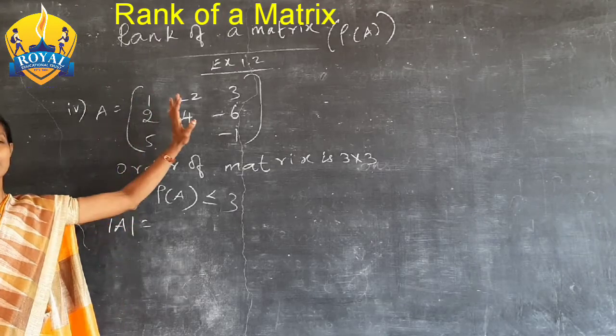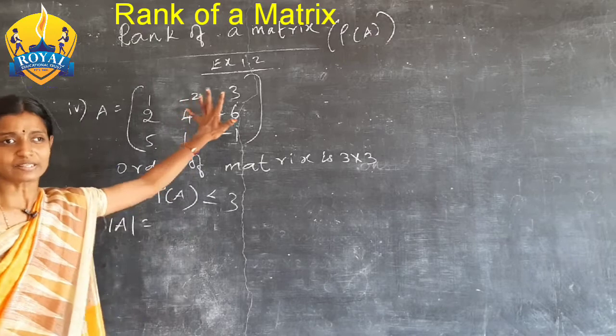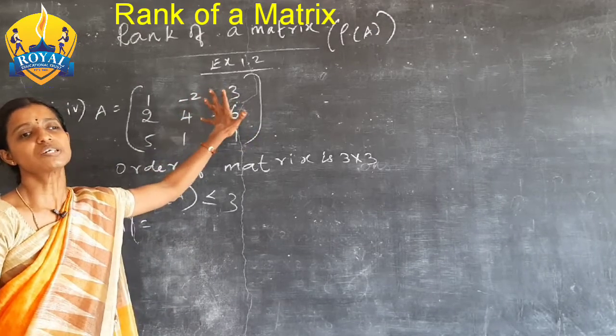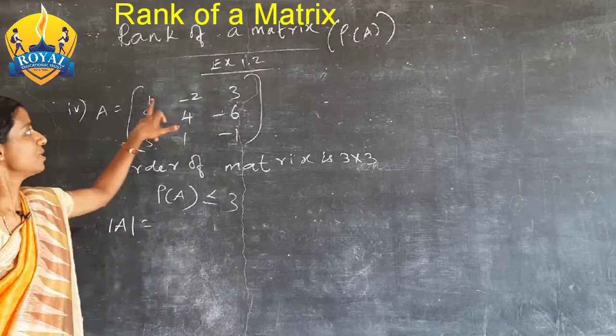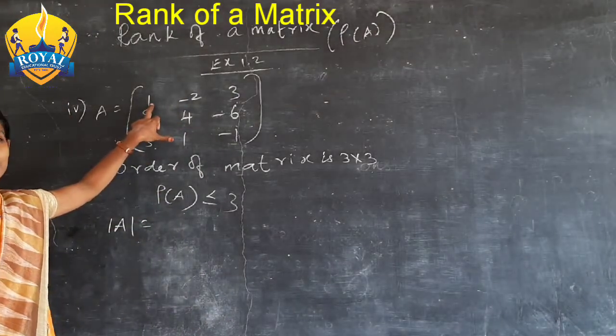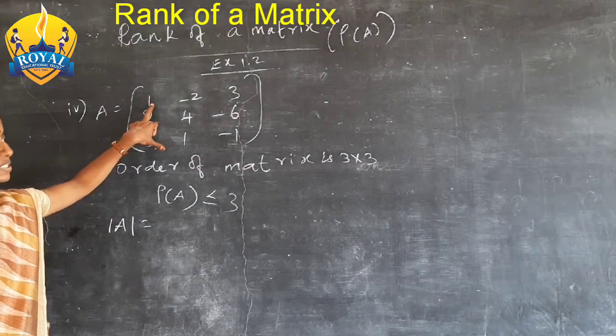Now if I have a 3 cross 3, 2 cross 2 is very simple, but for 3 cross 3 the position of expanding is very important. Here my position is plus, A11, since 1 plus 1 is 2, positive.